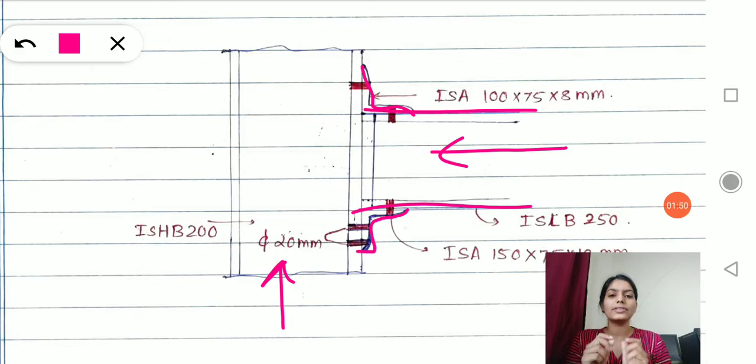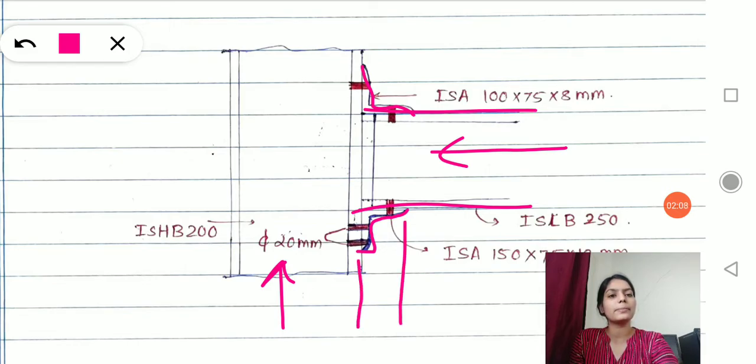Now seat connections also have two different types. One is the stiffened seat connection and the second one is the unstiffened seat connection. In today's session I am going to discuss the unstiffened seat connection. What is a stiffened seat connection?